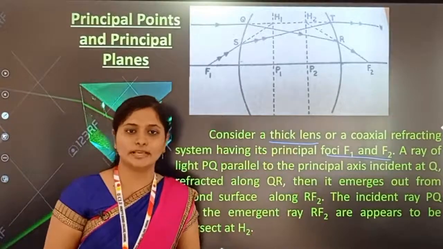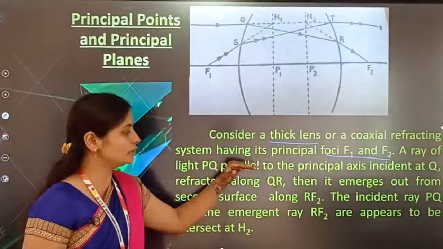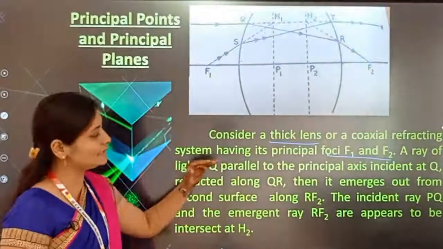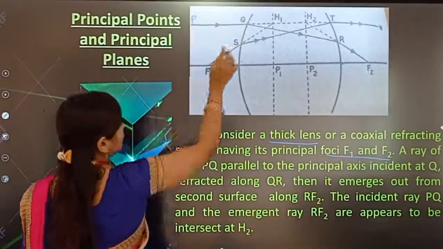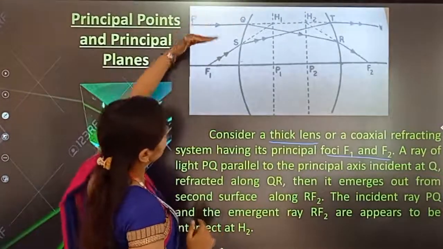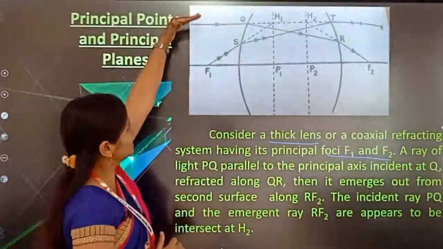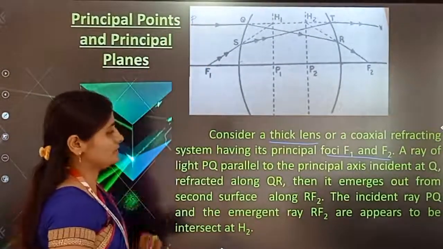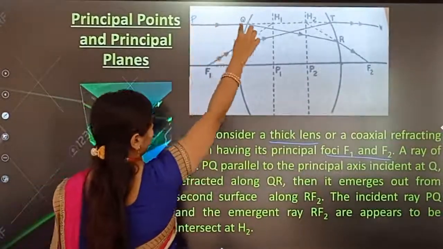Next, a ray of light PQ parallel to the principal axis is incident at Q. Consider this ray P, which is parallel to the principal axis. How are we making PQ?